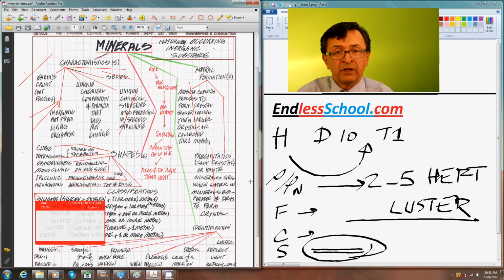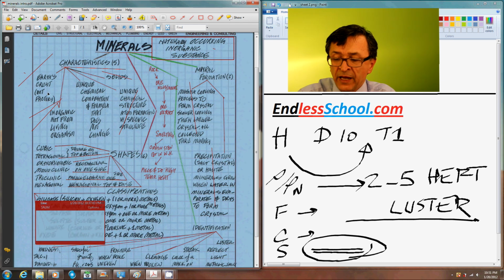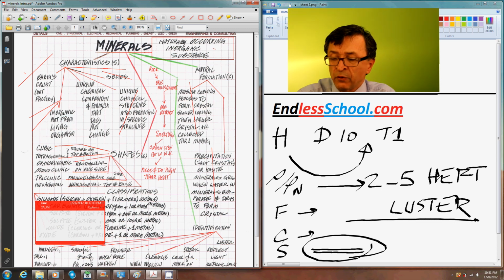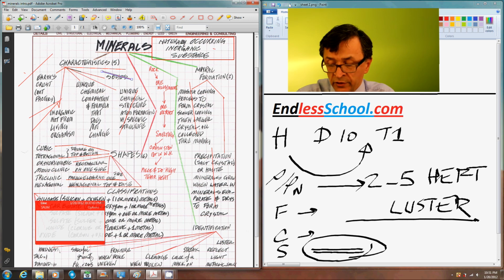But before we go, let's just practice one more time. Minerals are naturally occurring inorganic substances. They have five characteristics. They are from Earth's crust, not factory made. They are not from a living organism. They have their own chemical composition. They have their own physical structure, crystal structure. They are also solid.